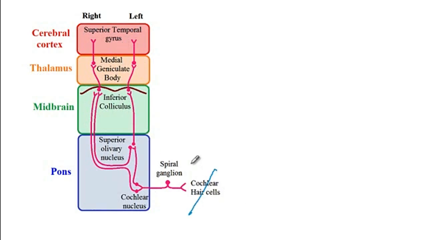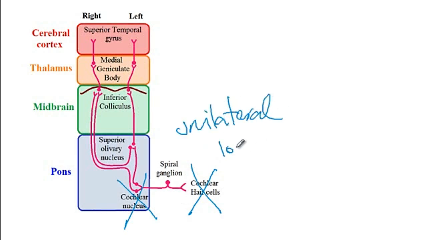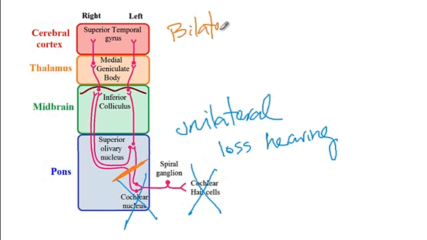Now, lesions of the cochlear hair cells, the cochlear nucleus, or cranial nerve 8 will cause unilateral loss of hearing. And then lesions that are above this level, since there are bilateral pathways, will cause bilateral decrease in hearing, as well as difficulty with localizing sounds.